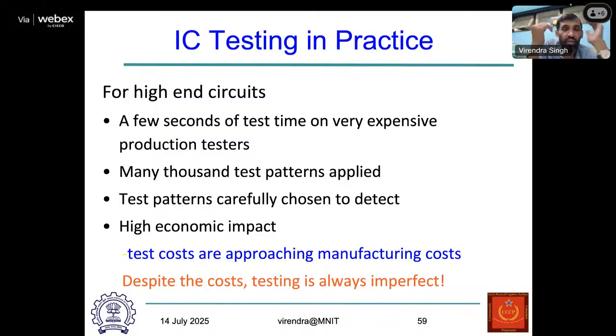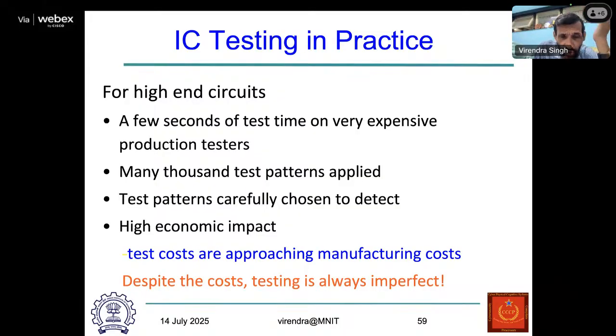Now, which thousands of patterns we should choose to apply to test the device, that's the main concern we have. So therefore, this test pattern must be carefully chosen to uncover the defects that are likely to occur in the manufactured chip. It has high economic impact.